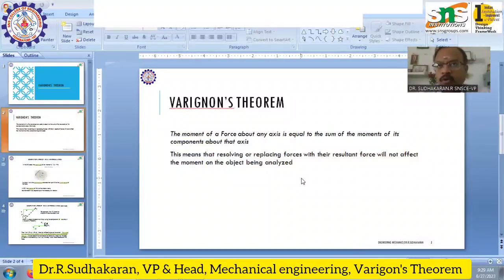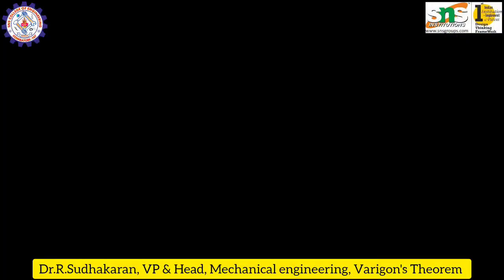So in a body, there may be 3 to 4 forces acting, and each force will be creating a rotational tendency in the body. So the moment of a force about any axis is equal to the sum of the moments of its components about that axis.